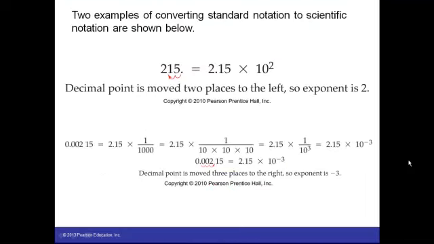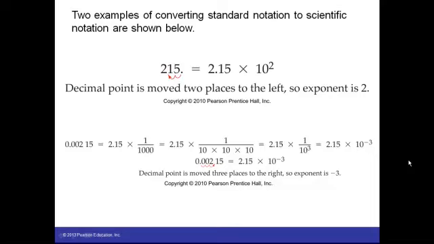Again, in our example of 215, we move the decimal place 2 positions to the left to give us 2.15. Since this started out as a big number that we made into a smaller number, our exponent has to be positive. So our exponent is 2 in this case.